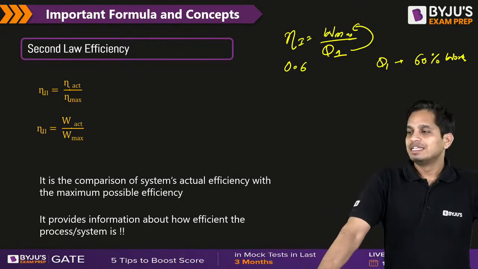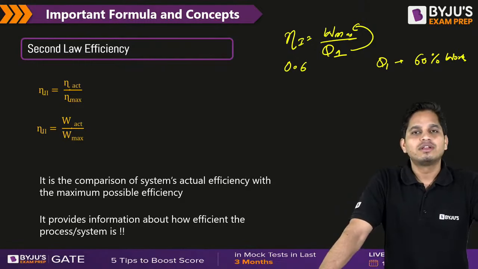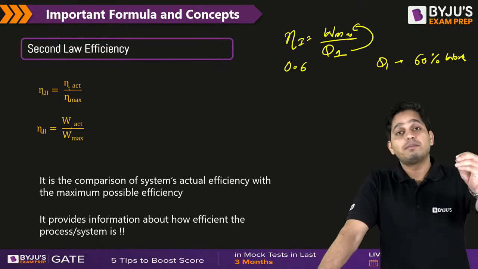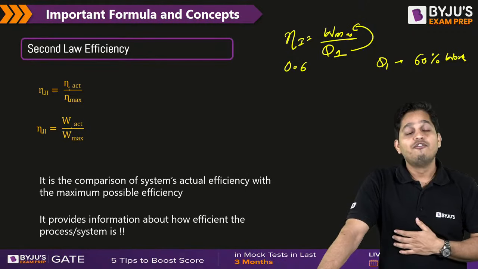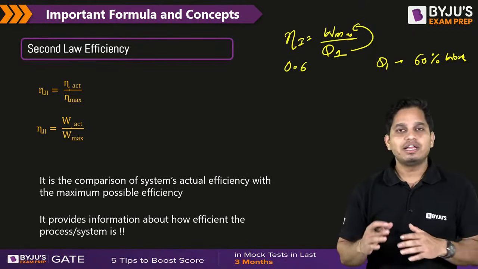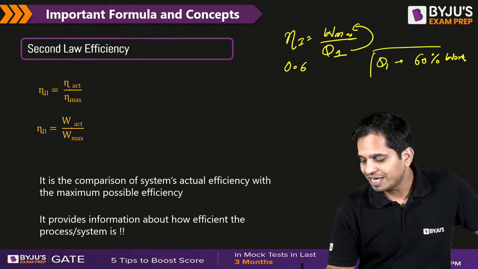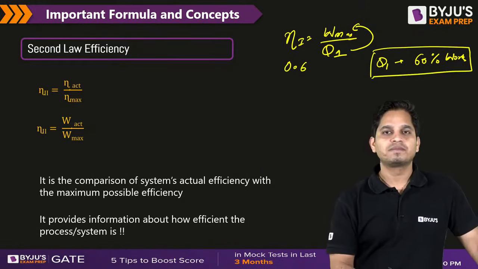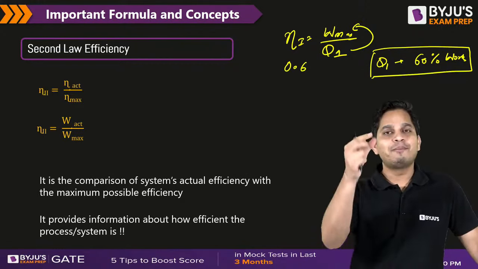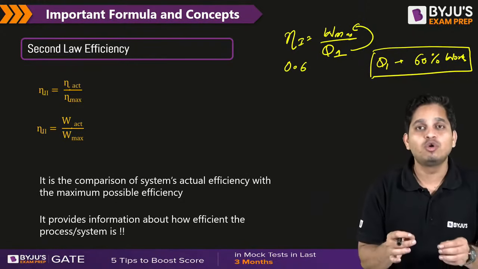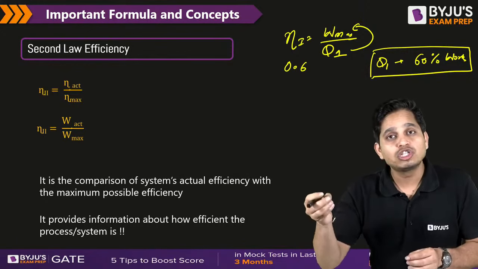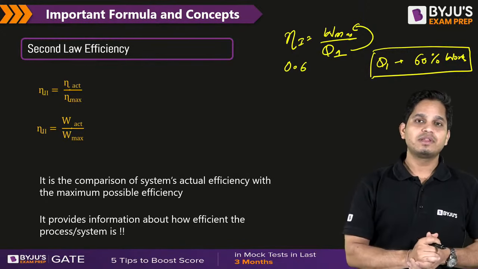But second law tells you which engine is more efficient. You are saying 60% is the efficiency for a given temperature limit. But second law is going to tell you how close you are to the ideal cycle.